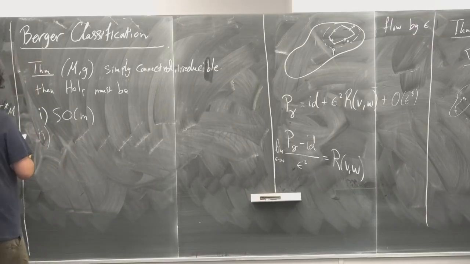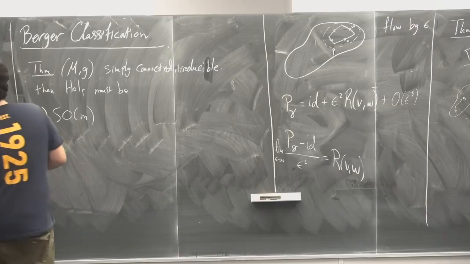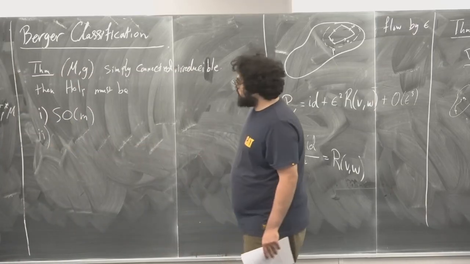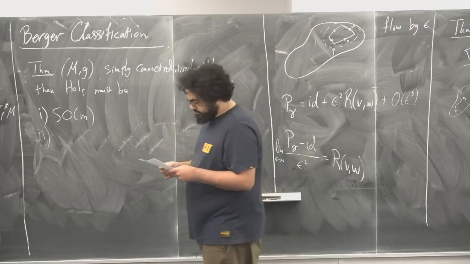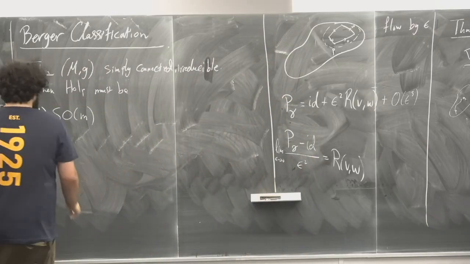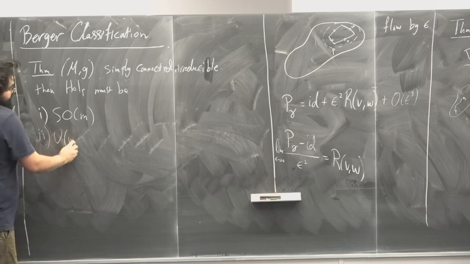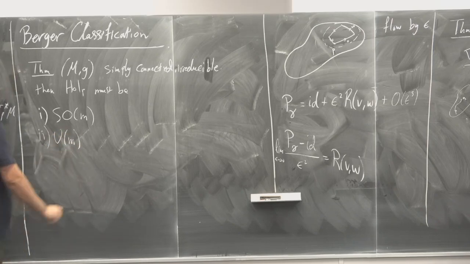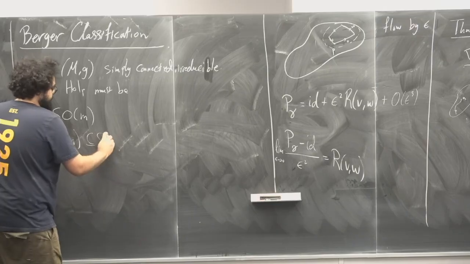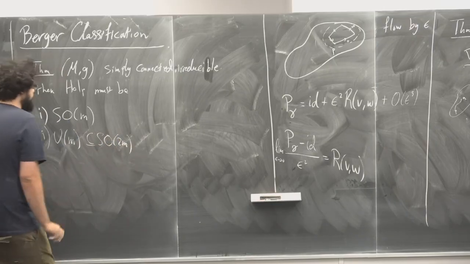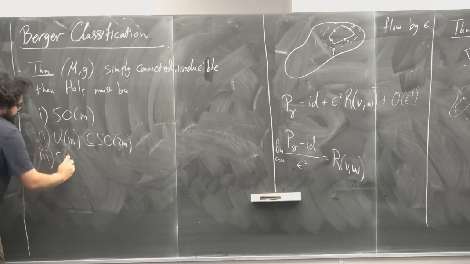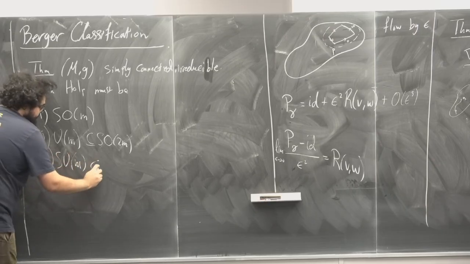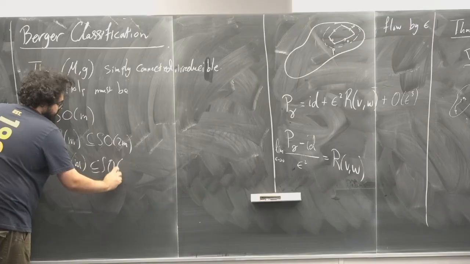The second case is... Sorry, you said any n? Like it's just any n? Yeah, any n, exactly. It can be U(m), which sits inside of SO(2m). It can be SU(m), again sitting inside of SO(2m).